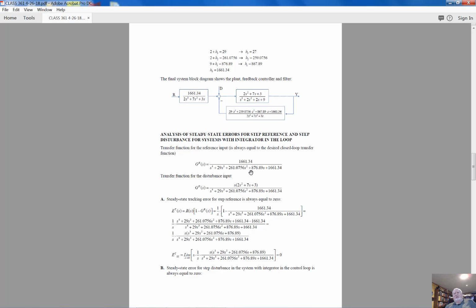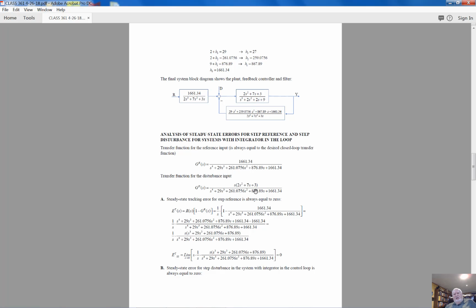This is the transfer function for reference for this system that has the integrator hidden inside. This is the transfer function for the disturbance.